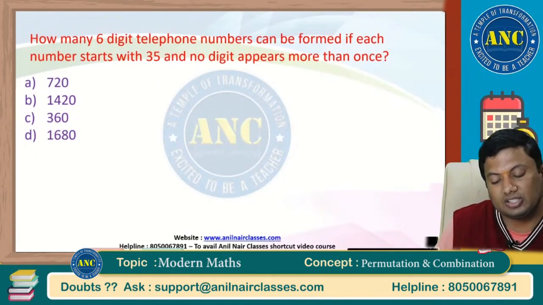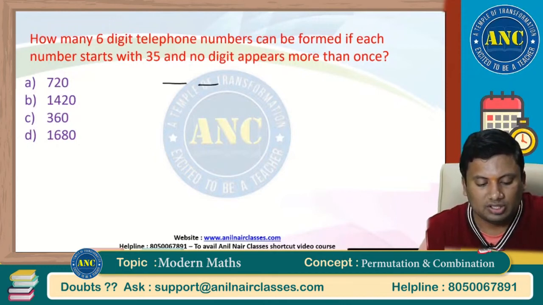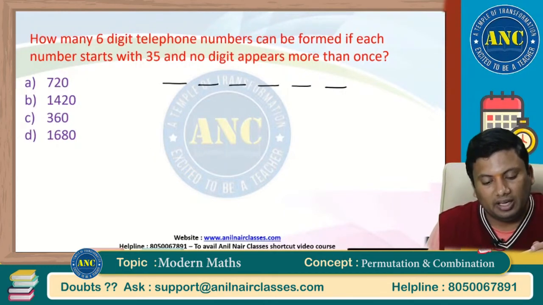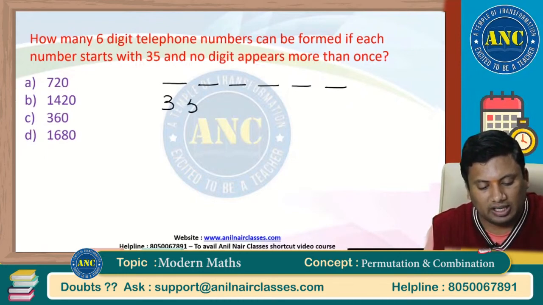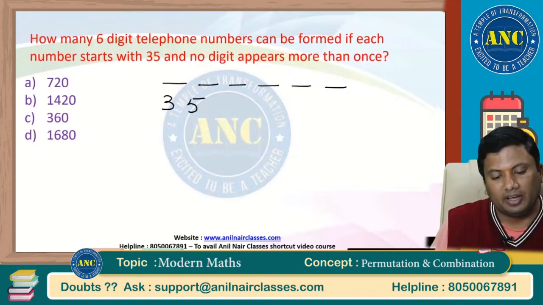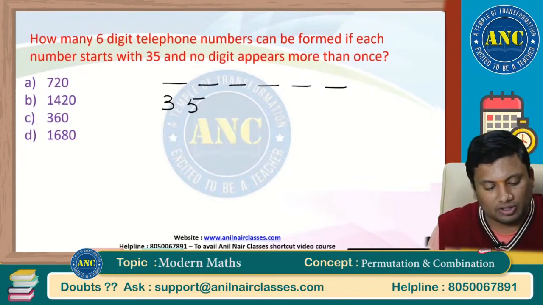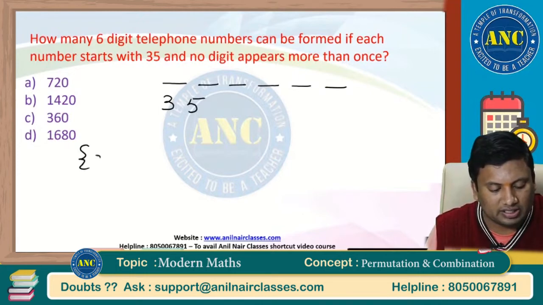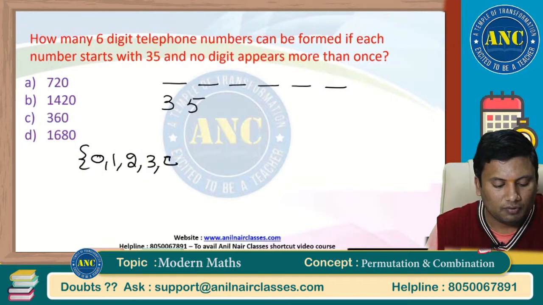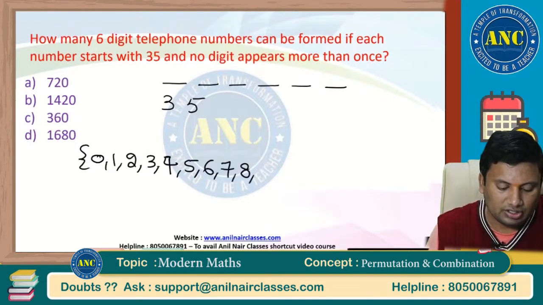How many 6-digit telephone numbers can be formed if each number starts with 35, and no digit appears more than once? So totally how many digits are there? 0, 1, 2, 3, 4, 5, 6, 7, 8, 9.